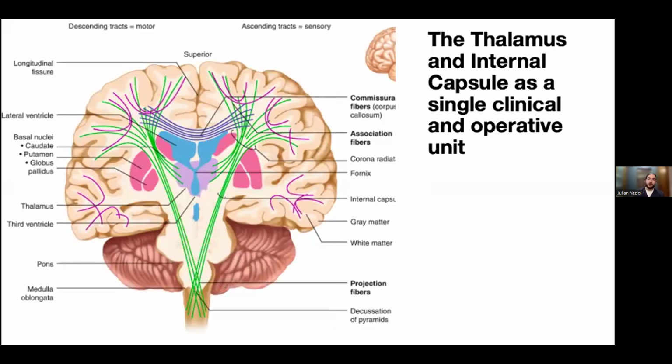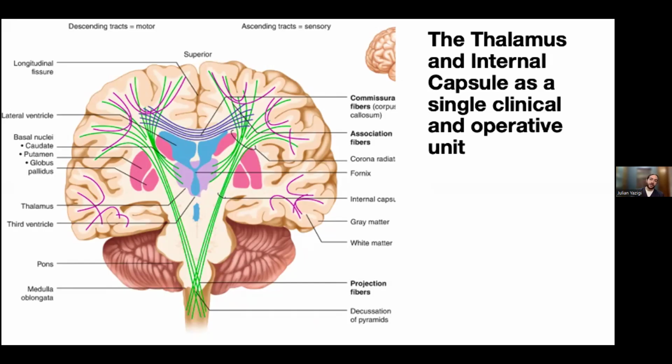So let's talk about how these two structures serve as a single clinical and operative unit. The thalamocortical fibers leave the thalamus and immediately funnel into the posterior limb of the internal capsule before fanning out to the cortex, as demonstrated in the illustration there.